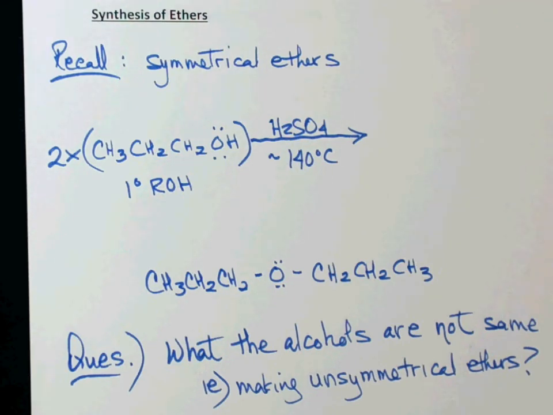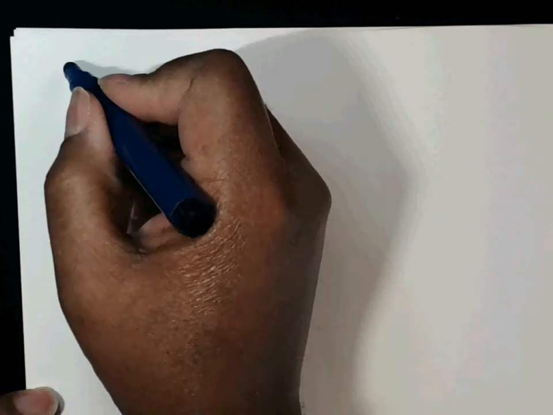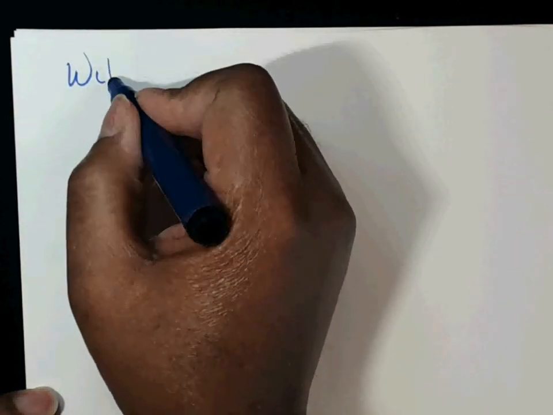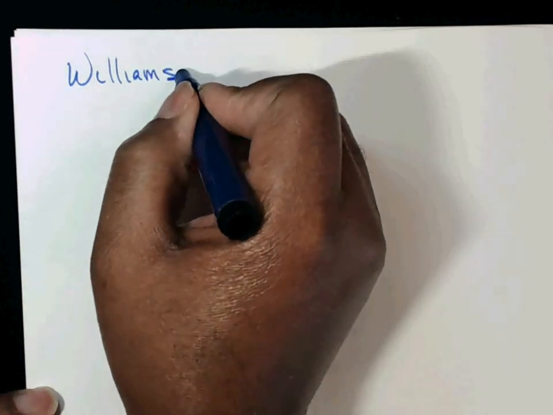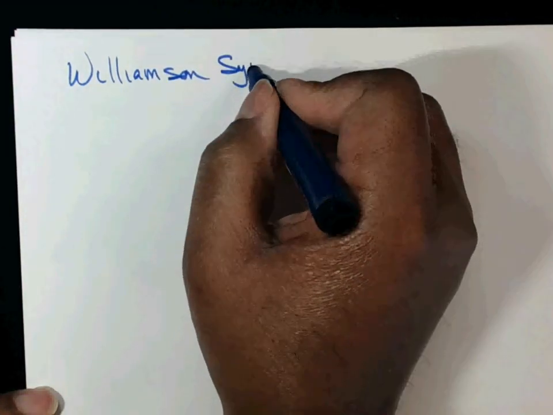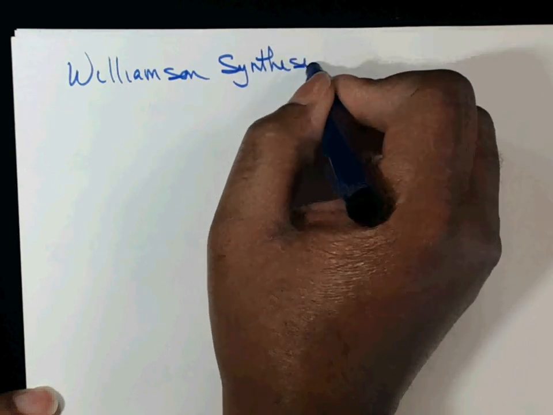And the method that we're about to talk about right now was really described by a chemist named Williamson. So we're going to talk about what is now referred to as Williamson synthesis.